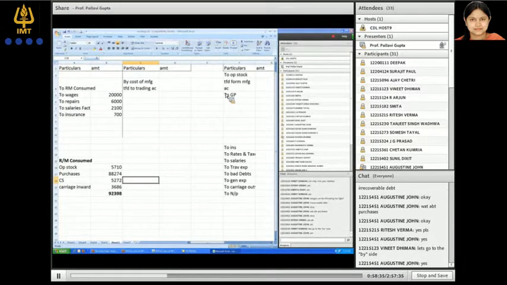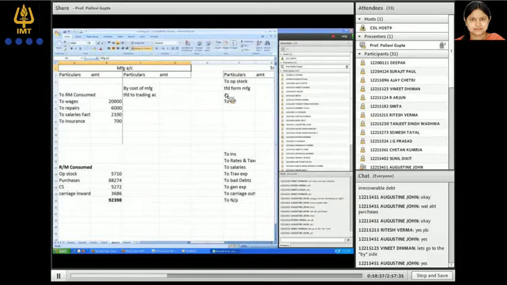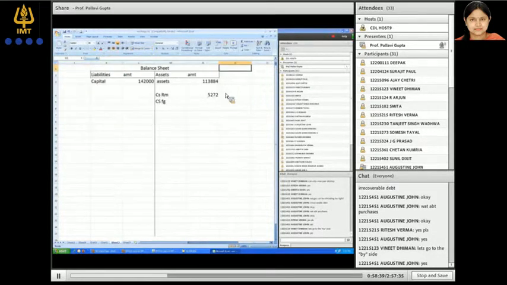Closing stock of finished goods, the effect would be closing stock debit to trading account. Closing stock debit means here it is coming in the balance sheet, it will be carried forward, 34324.